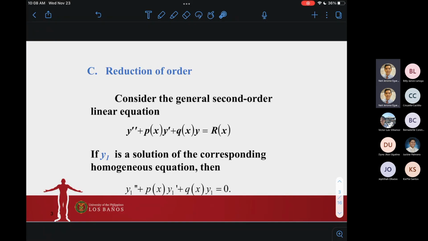Okay. So ganito nag-work, derive natin yung method of reduction of order. Again, we will start with the second order GLDE, pero this will work for higher order, pero magiging komplikado yung proseso.